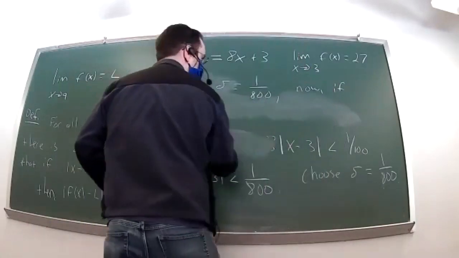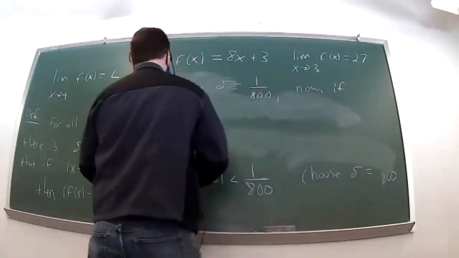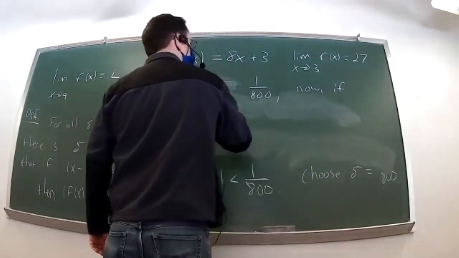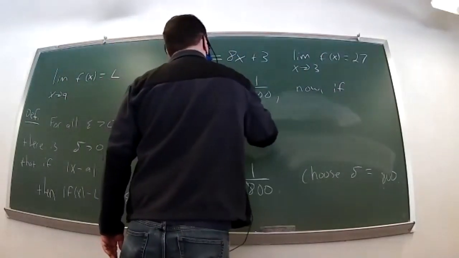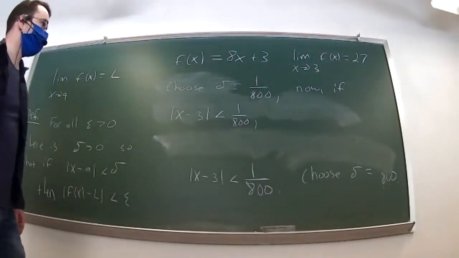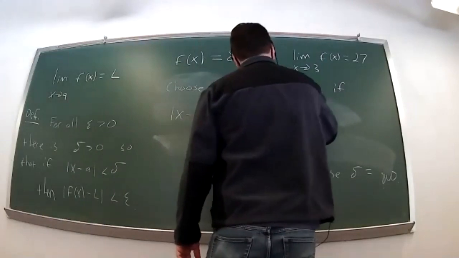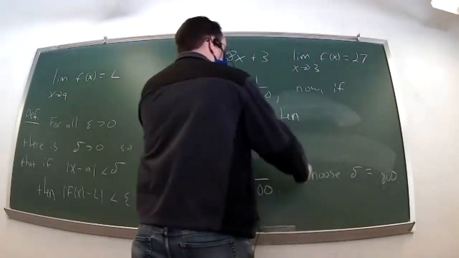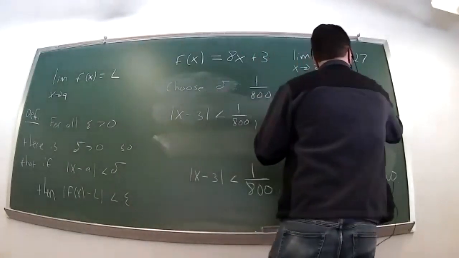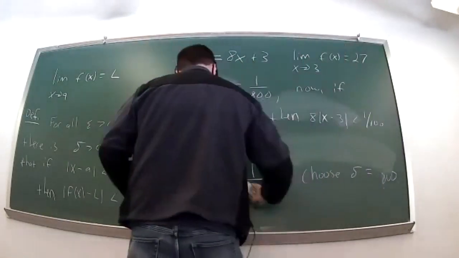And now you can say, if the absolute value of x minus 3 is less than 1 over 800, and now you just do everything in reverse, then it will be true that 8 times x minus 3 in absolute value is less than 1 over 100.